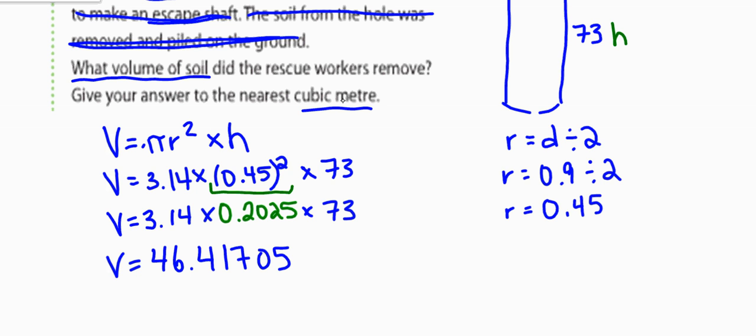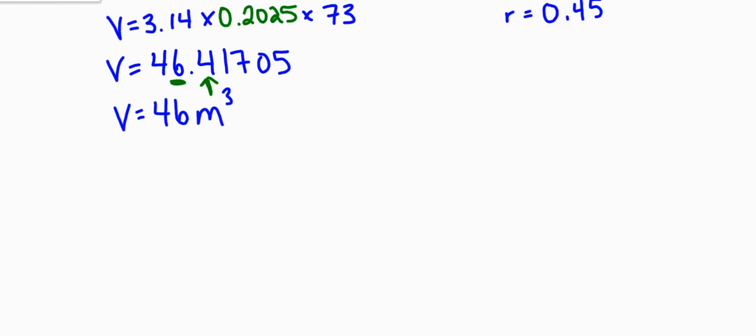So I am going to be rounding to this position. I look at the next number. This number is a 4, which is less than 5, so that means that my 6 is going to stay the same. So they removed 46 meters cubed of soil to rescue those miners.